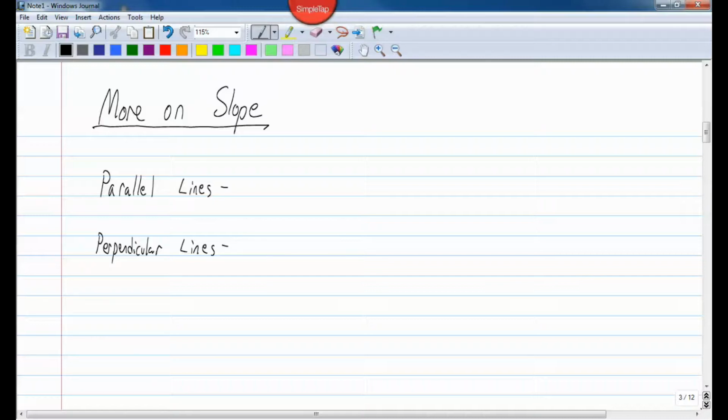Okay? Parallel lines have the same slope. So what that means is, if you're told that one line is parallel to another line, then they're going to have the same slope.